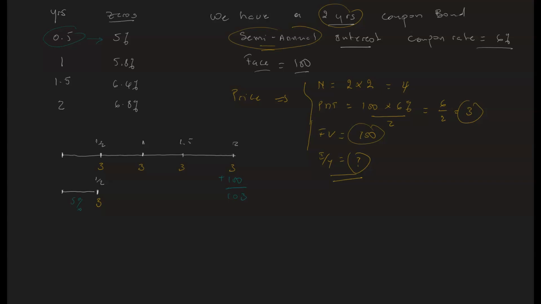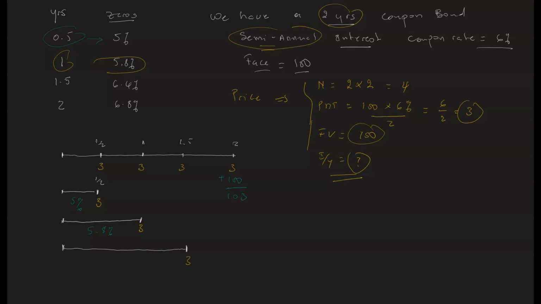That second cash flow is essentially going to be the same. So the second cash flow is going to start here. That becomes another zero, right? Where we receive $3 here, and we are discounting at this rate, which is 5.8%. And then we do the same thing for the third one. The third one is going to start here. It's going to mature here. We're still going to get $3.